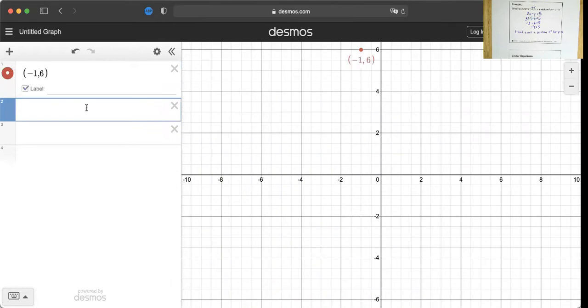And then 3x minus y equals 5. Those don't cross, right? (-1, 6) is not on that graph. So we know we were correct.